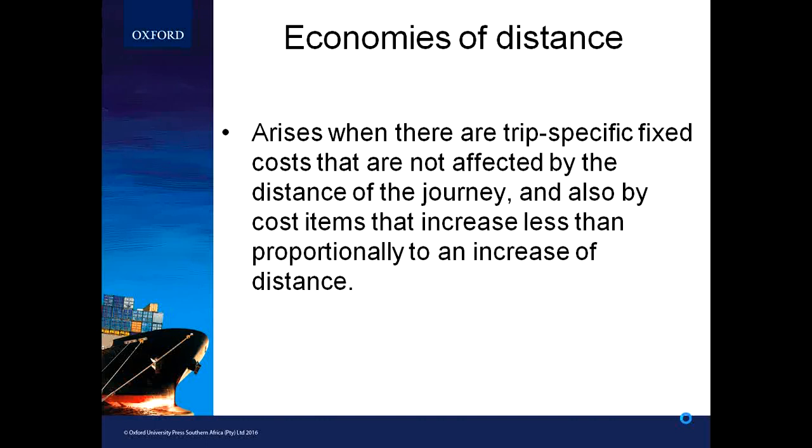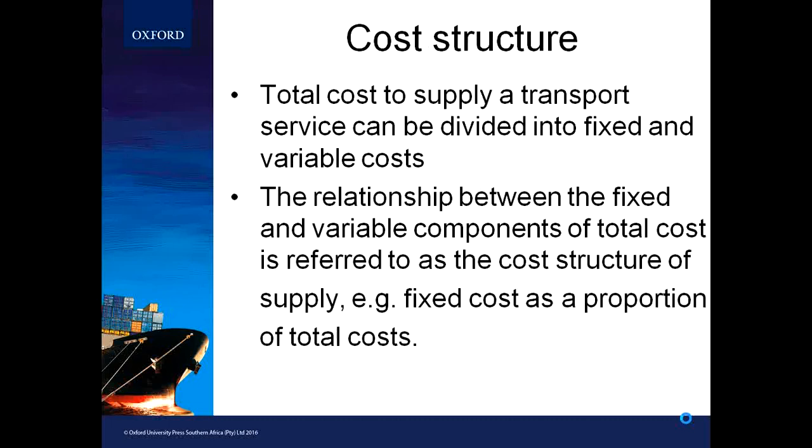Now, moving on here, if you see, we can understand more on the other areas of how overloads and other cost structures are taken care of. Here, as I told you, the cost factors have different areas, whereas total cost to supply a transport service can be divided into fixed and variable costs.